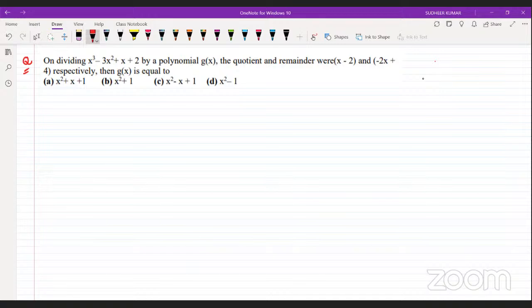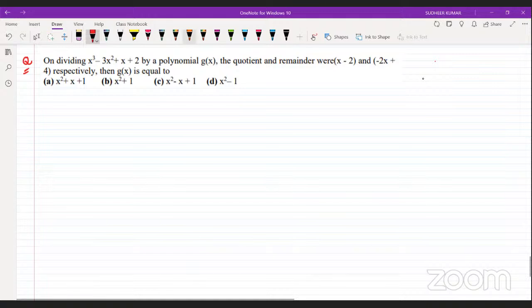What's that algorithm? When option C is correct, let us check it. So let's recall the division algorithm.